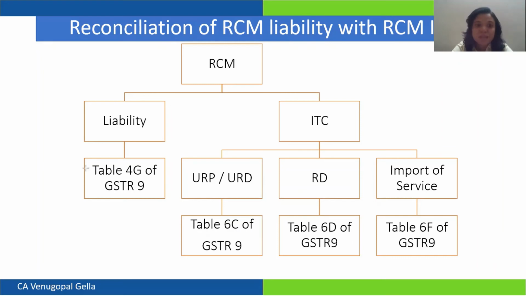That is how liability under 4G should be equal to the credit claimed under 6C, 6D or 6F. 6C would be the unregistered credit, 6D would be the credits from registered persons under reverse charge mechanism, and 6F is credits on import of service.